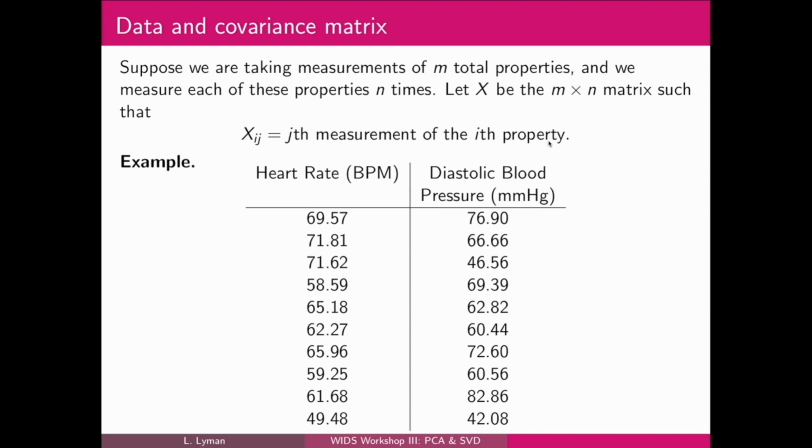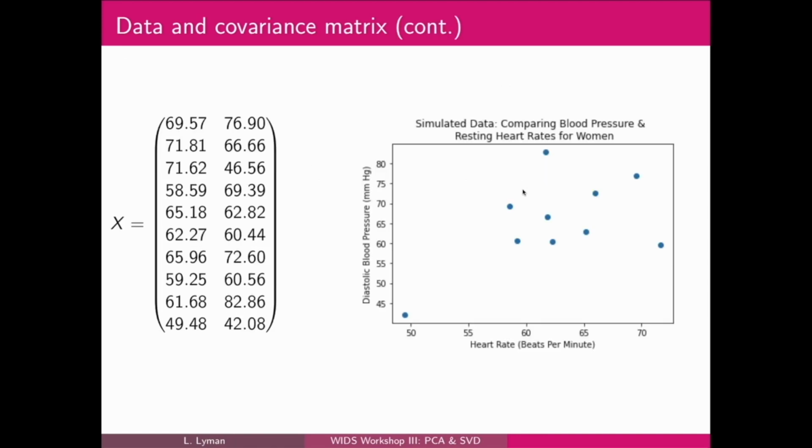Sometimes X is also called a design matrix. So continuing with our example, when n is 2, we can take this heart rate and blood pressure data and simply encode it into a matrix by putting the corresponding columns over here.